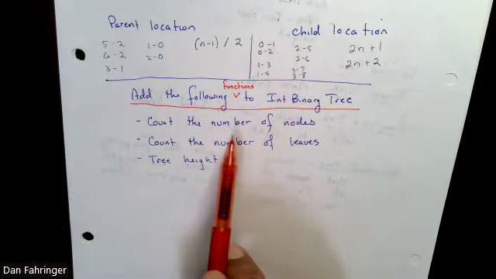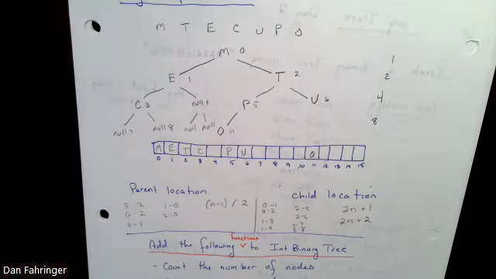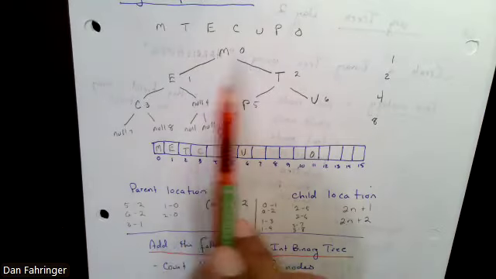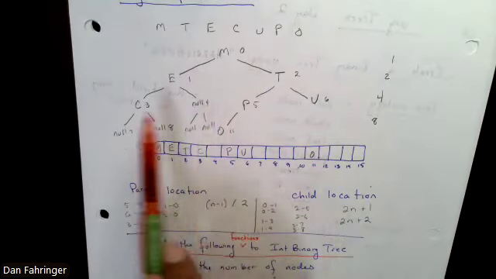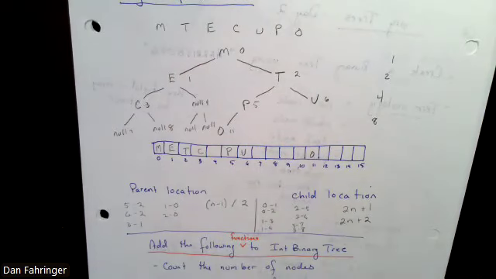The first function would be count the number of nodes. So once this tree is filled, how would you be able to go through and get the number 1, 2, 3, 4, 5, 6, 7? How would you be able to get 7? Now, I bet you there's a recursive solution to that.